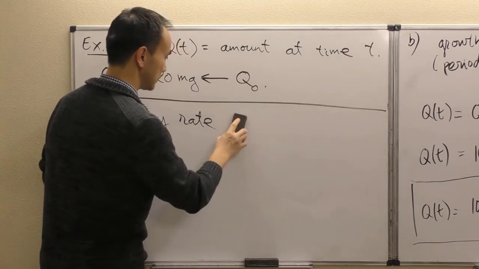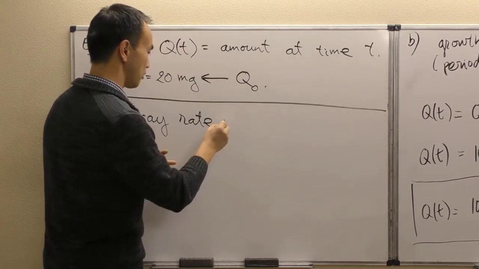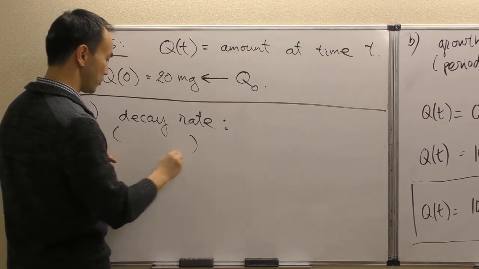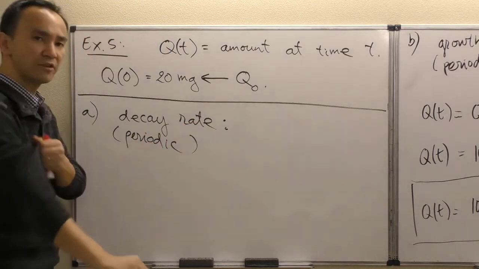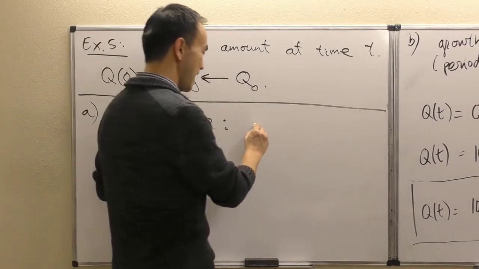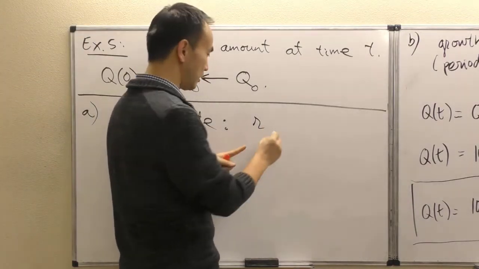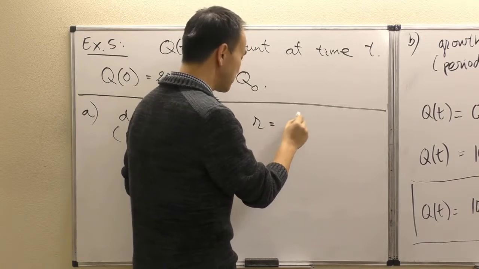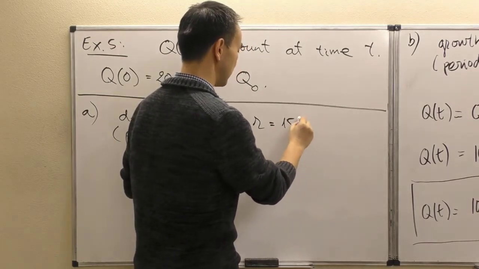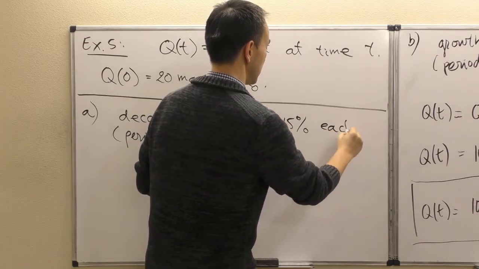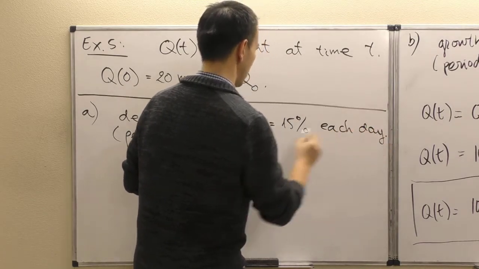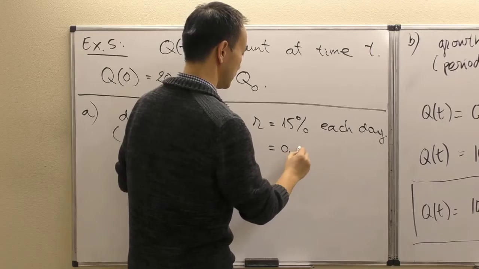Let's put a colon here. This decay rate is, of course, one I have already recognized as a periodic decay rate. And so now I can see that I have to use the letter R here. R equals 15% each day. So what we have here really is 0.15.